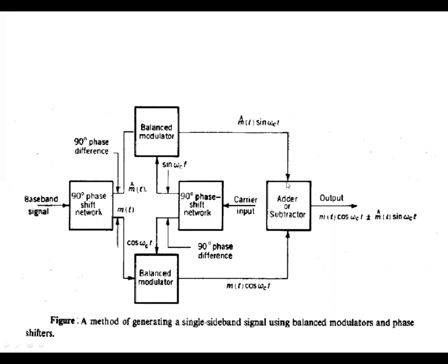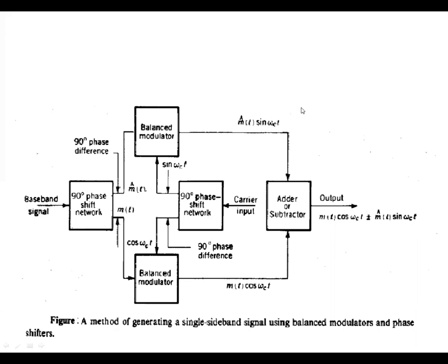These two signals are given to an adder or subtractor, giving m of t cos omega ct plus or minus m cap of t sin omega ct.